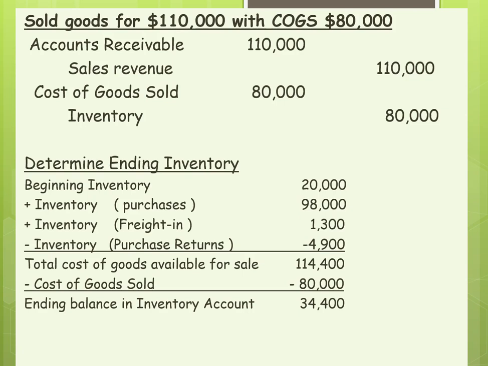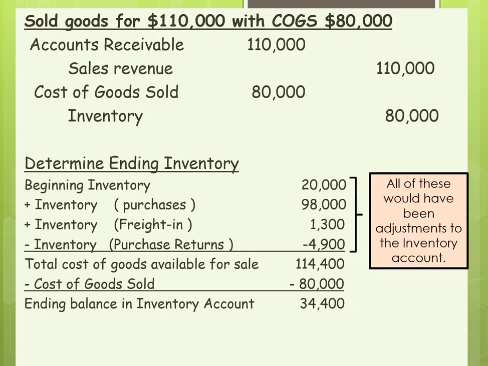So ending inventory would be 34,100. All of these would have been adjustments again to the inventory account. Now again, since we use the net method, we don't have the benefit of the early payment.